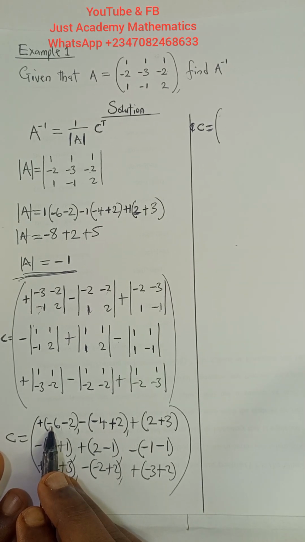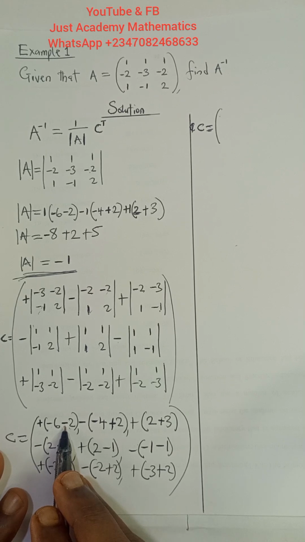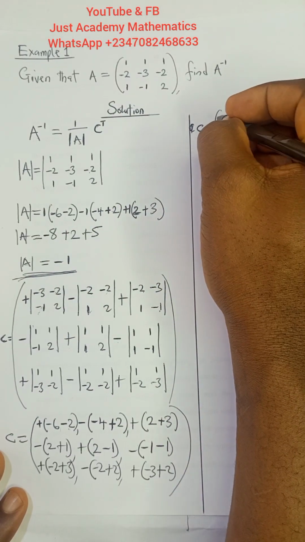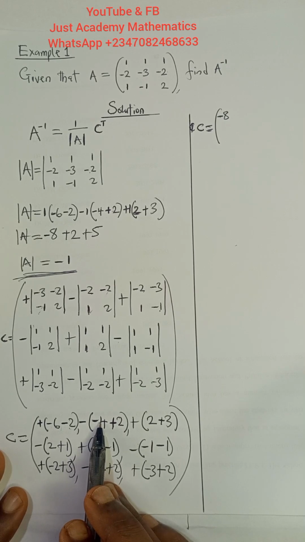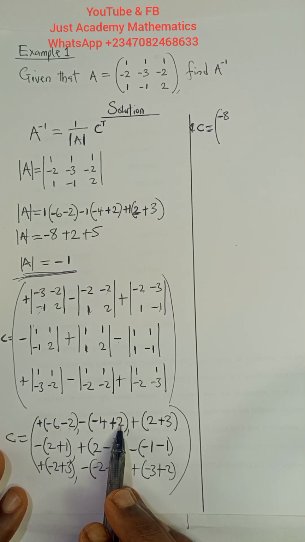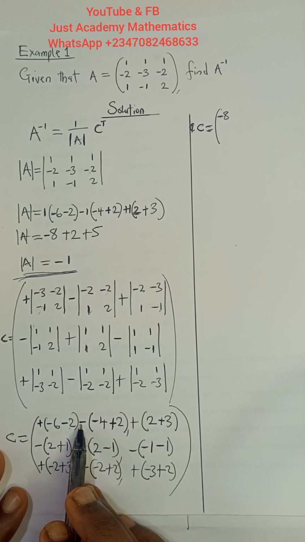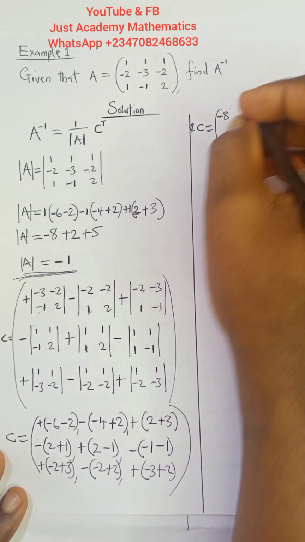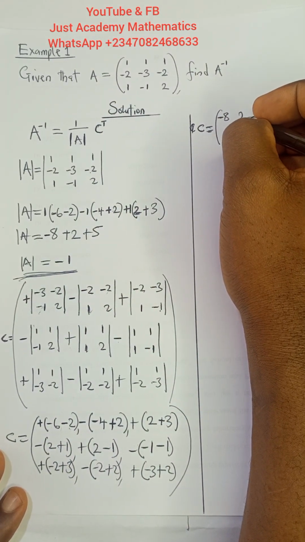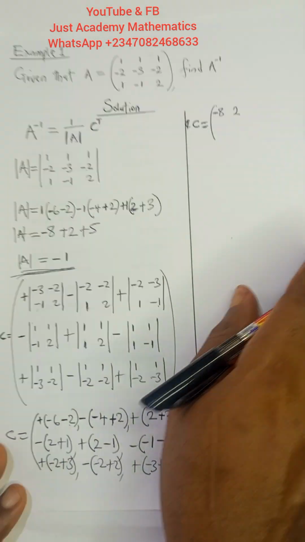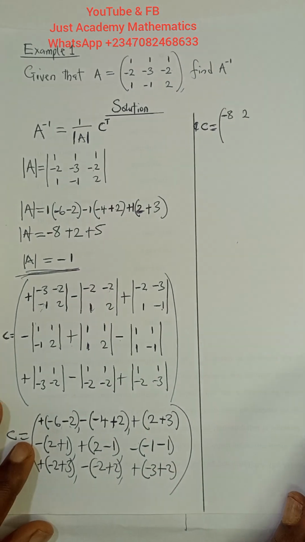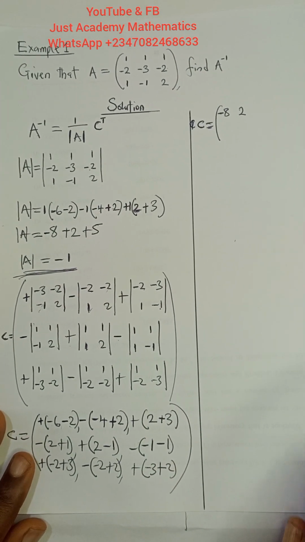Minus 6 minus 2 will give us minus 8. So here is minus 8. Followed by minus 4 plus 2 will give us minus 2. Minus 2 times the minus outside will give us 2. Followed by 5. Sorry, it's shaky.